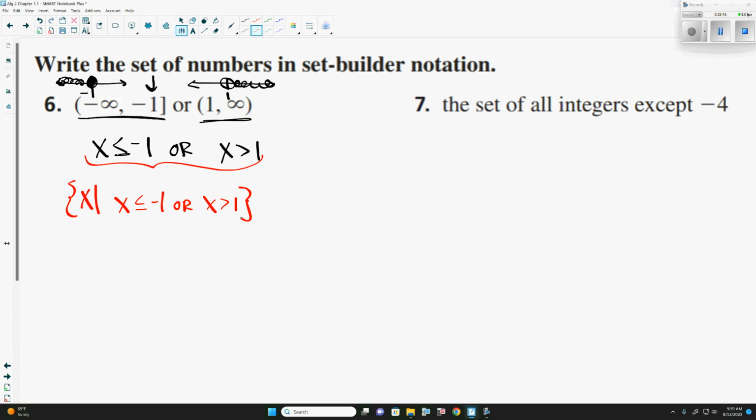Our description. It's very nice, especially if they start out as an inequality, if they had just given us x is less than or equal to -1 or x is greater than 1. Brace x bar, fill it in, brace. That's it.